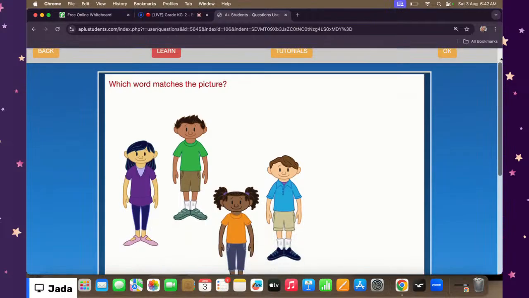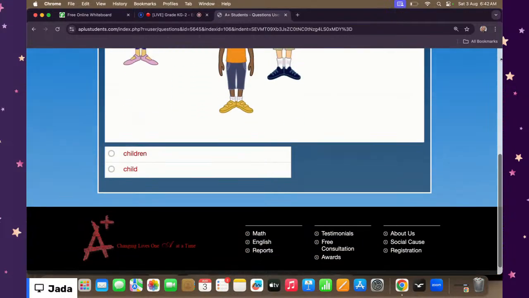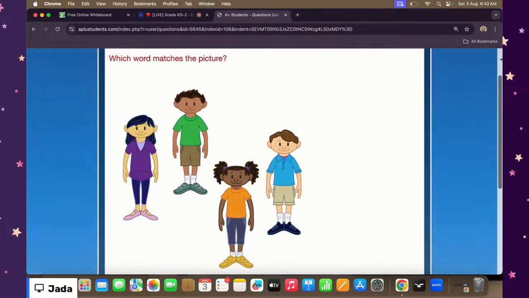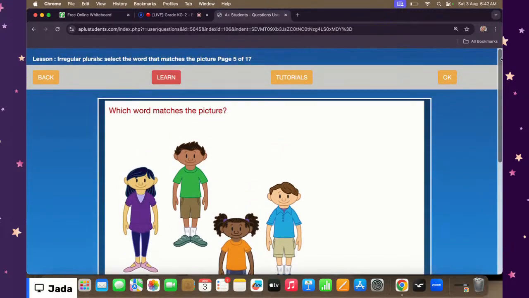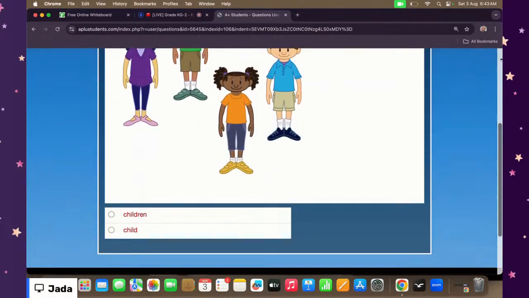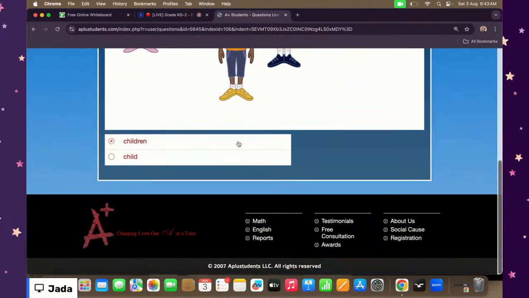Which word matches the picture? Now this is what? Children. Because if it is just one, it is child. But it's more than one, so children. So we click on our answer, children.